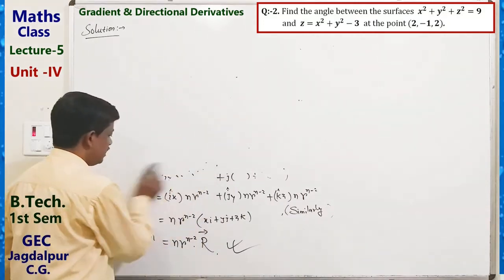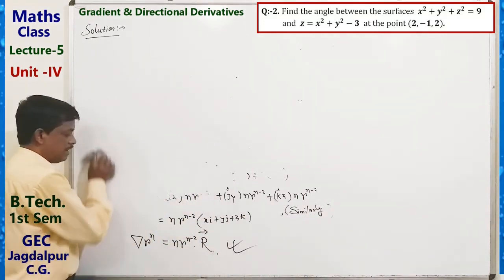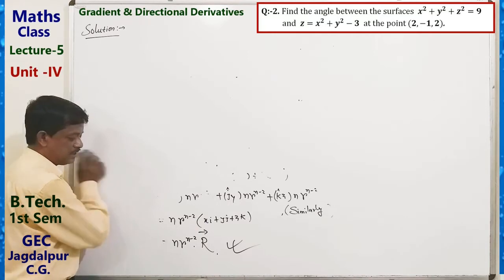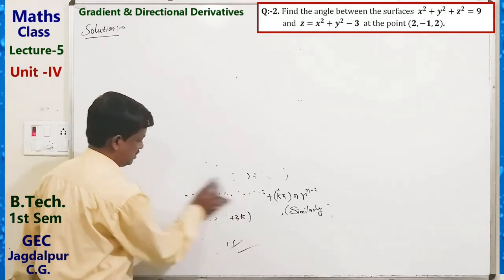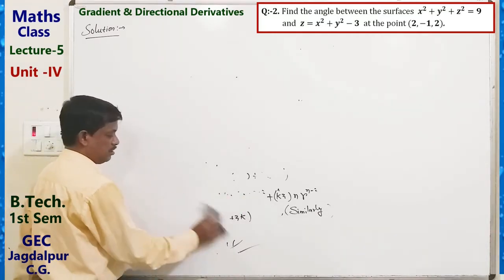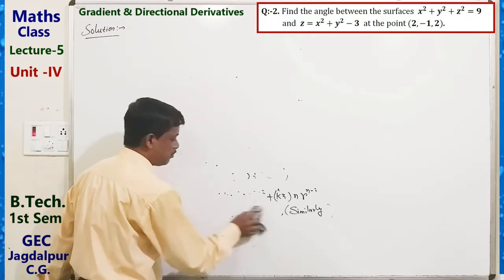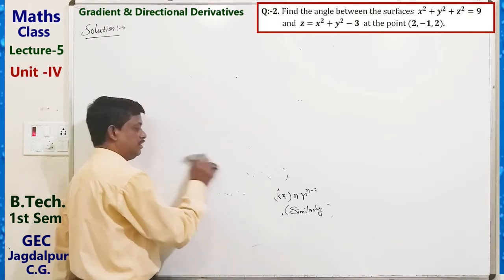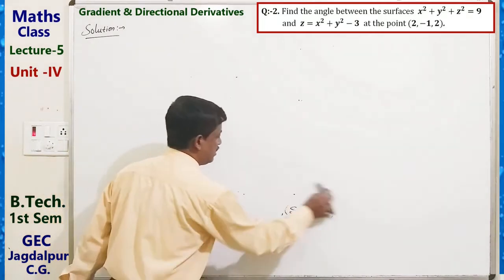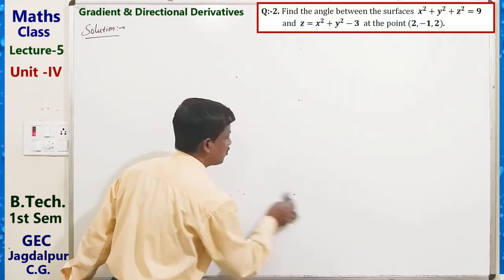So here we know the gradient, that is ∇φ, is along the normal to the surface. So suppose at the specified point we find the gradient ∇φ, then we can get the normal to the surface at that point.